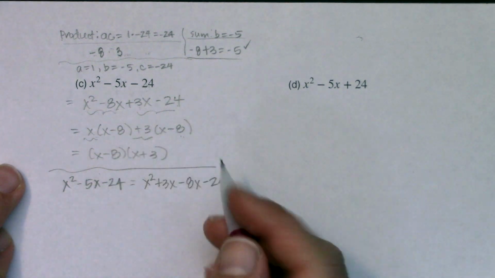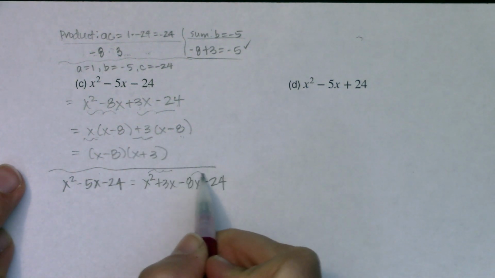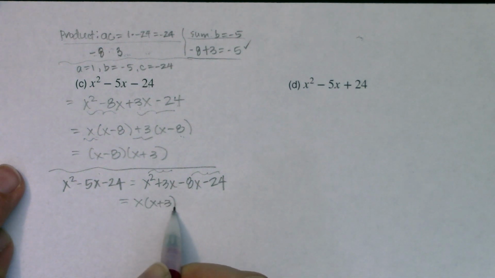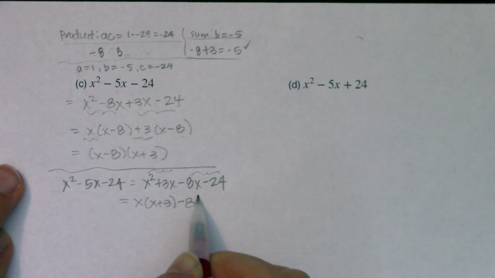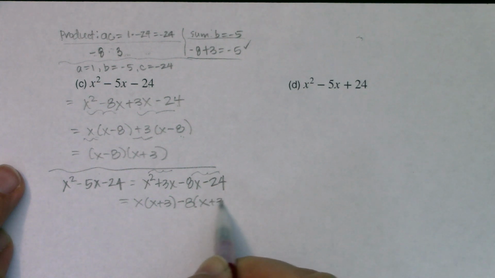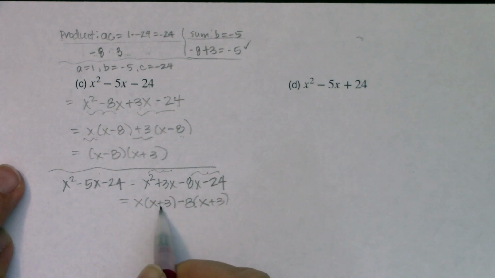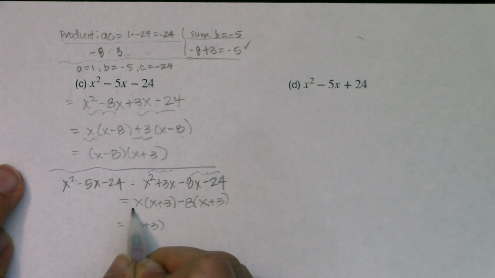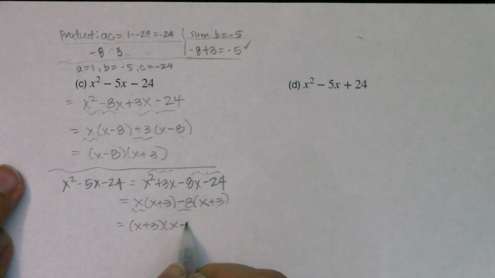Same endgame answer. Group, group. I'm going to factor out the x plus 3. I'm going to factor out the negative 8, x plus 3. My back factor, this binomial of x plus 3 is common. Factored out, what am I left with? X minus 8.